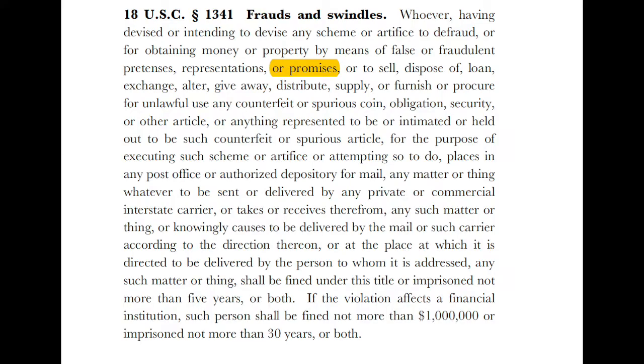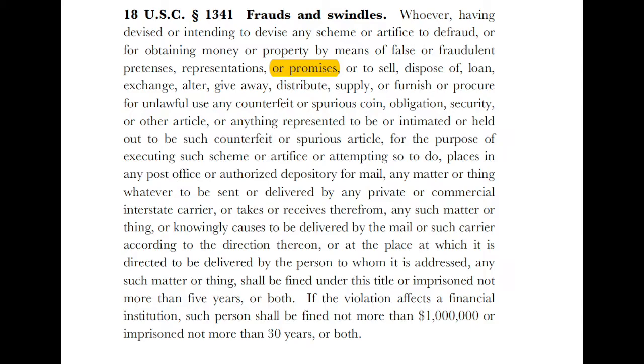When you look at the mail and wire fraud statutes themselves, they are much broader than common law fraud. And that's where most people, including a lot of judges, get a bit confused. The very definition of mail and wire fraud under 1341 and 1343 states that the scheme to defraud may be by means of false or fraudulent pretenses, representations, or promises.